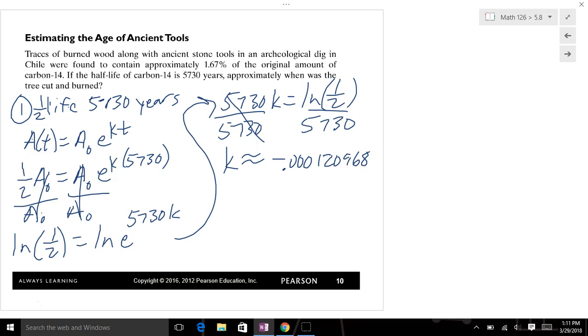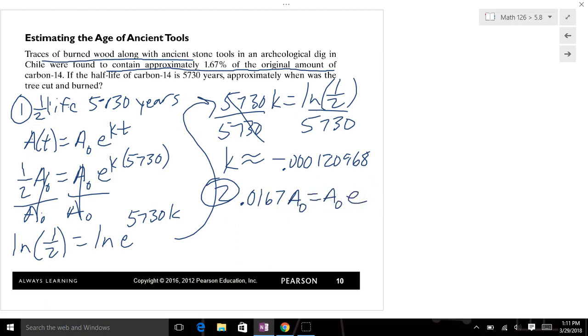So now, step 2: now we know k, so we can write the equation with k. It says traces of burned wood were found in a dig that contained approximately 1.67% of the original amount of carbon-14. So we end up with 0.0167, 1.67% of the original carbon-14.